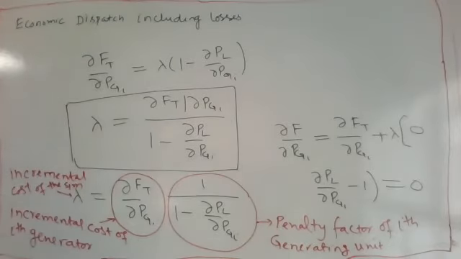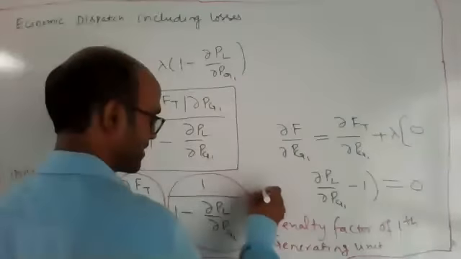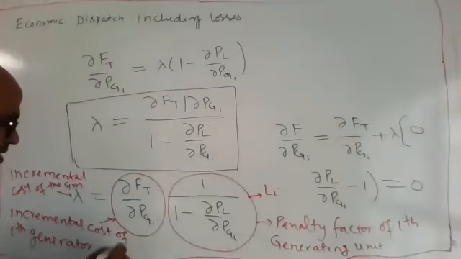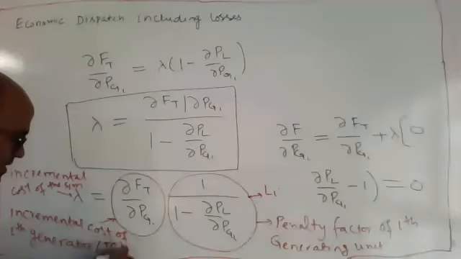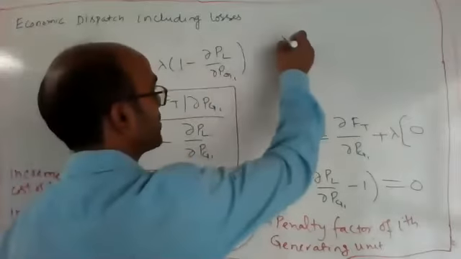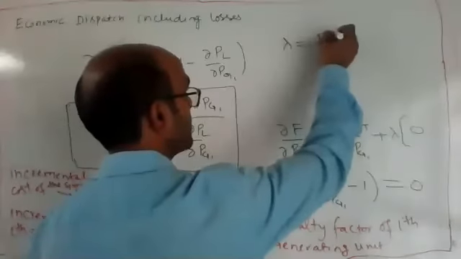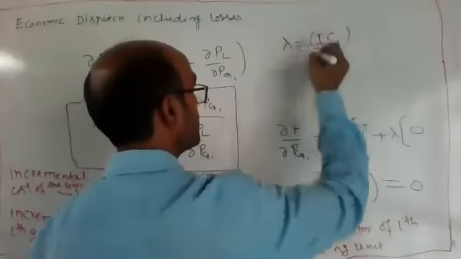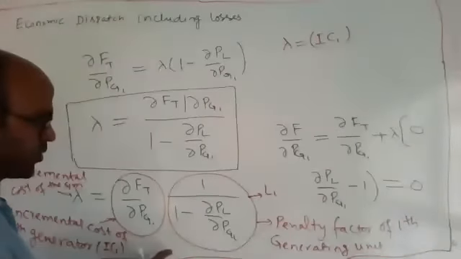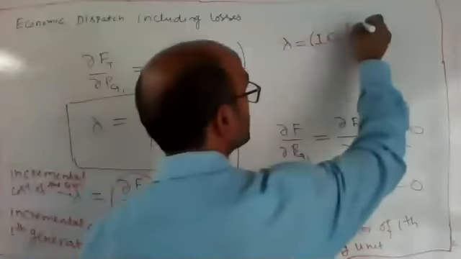Okay, incremental cost of the system. So I represent this by L_i. And this is incremental cost, so I represent this IC_i. Okay. So if I write it in compact form, then lambda equal to incremental cost of the ith unit. Okay. Incremental cost of the ith generator into penalty factor of the ith unit.